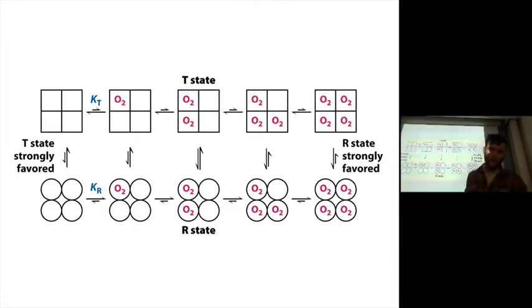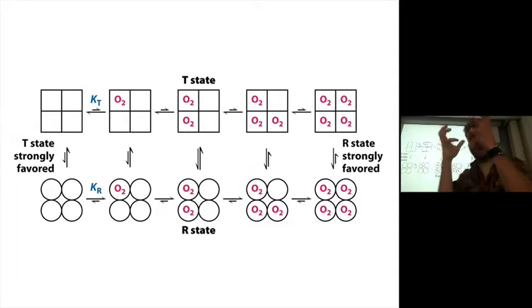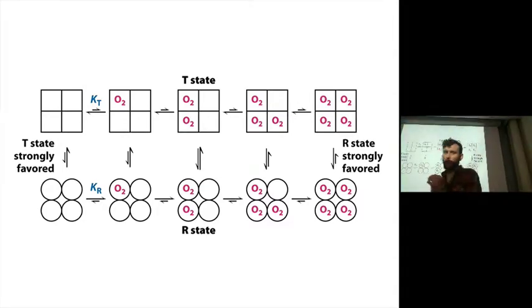All right. So it turns out, I talked about this conformational shift. We call these conformational shifts the T state and the R state. The tense state and the relaxed state.